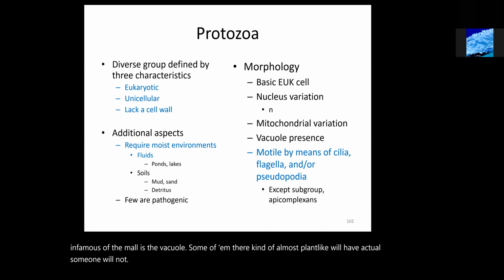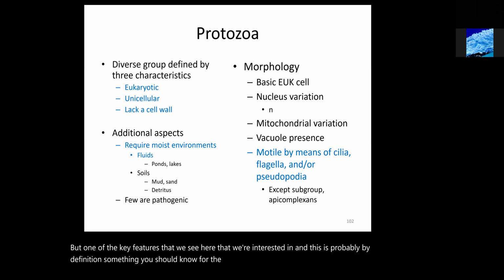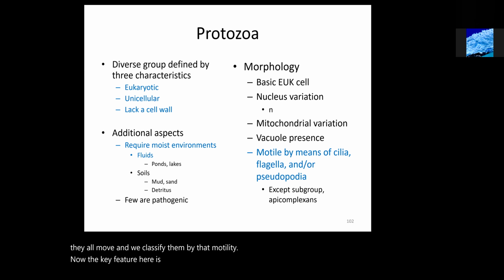But one of the key features that we're interested in, and this is probably by definition something you should know for the exam, is that they all are motile, meaning that they all move, and we classify them by that motility. Now, the key feature here is that virtually most of them move, except there is one group that doesn't. So technically, we still classify by the fact that they do not move.